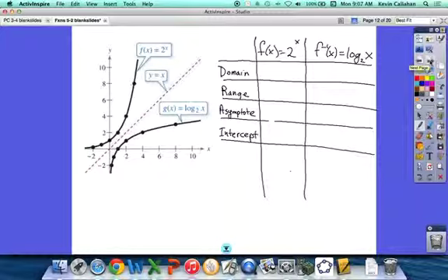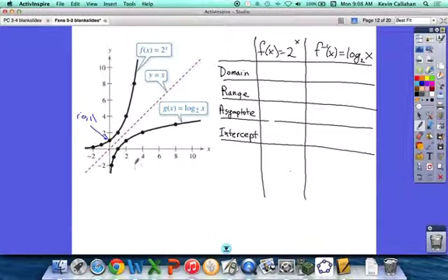Okay, now, on this graph right here, this is y equals 2 to the x, and this is y equals log base 2 of x. And you could tell they've highlighted a few points here. For every point on the exponential, if you flip the x and the y coordinates, you get a corresponding point on the logarithm. Especially important is, remember that the exponential had a y-intercept of 0, 1.